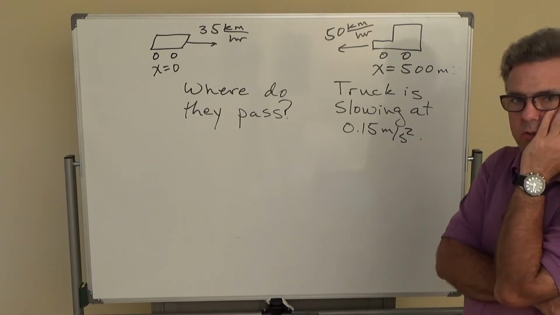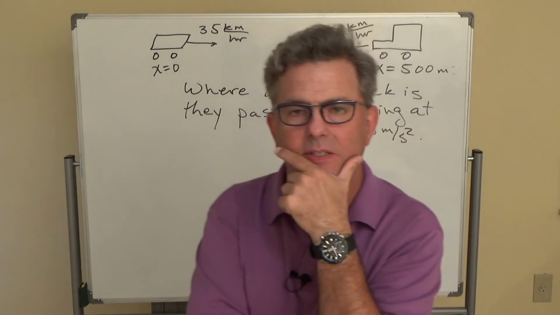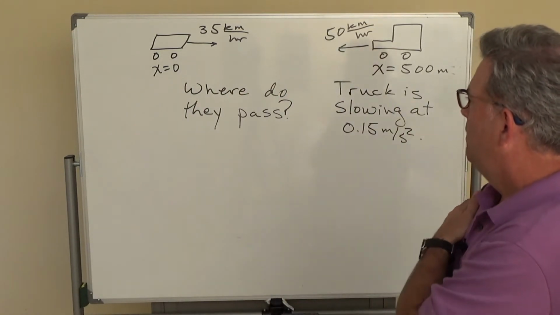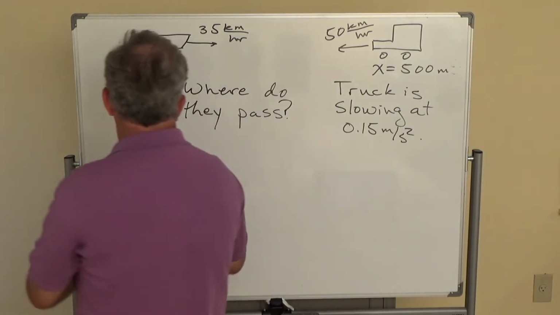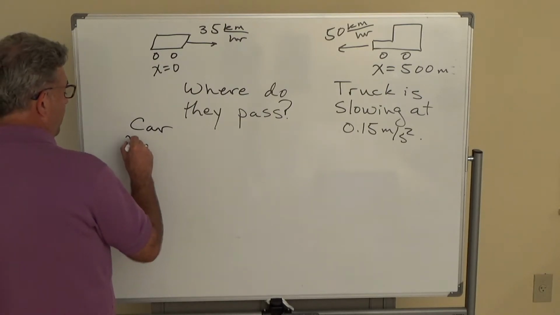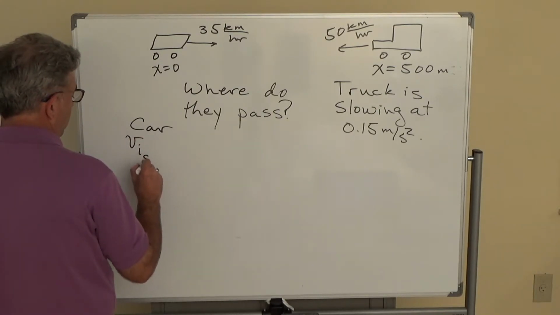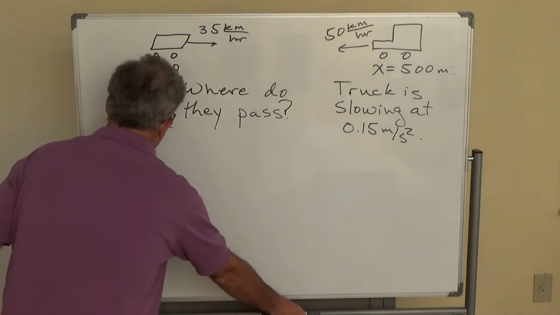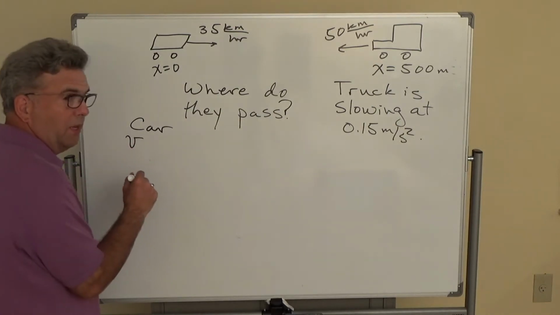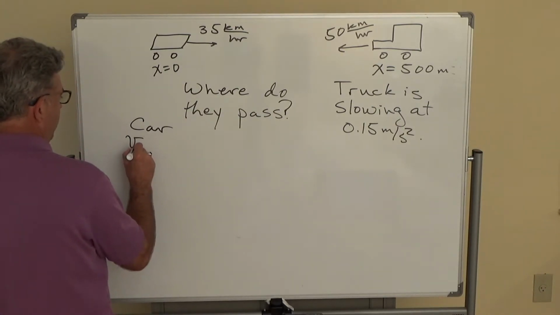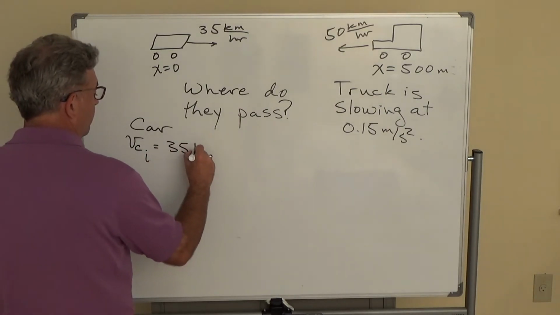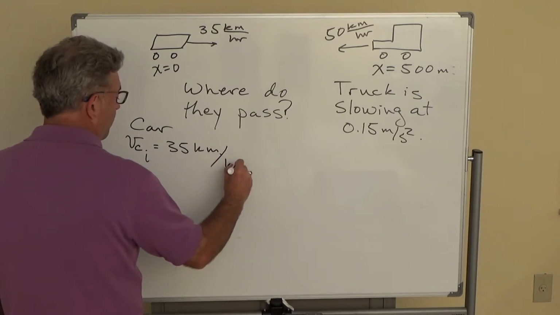All right. Let's talk about the direction of these vectors, the accelerations and the velocities and so forth. So for the car, V initial, let me make it some subscript so you can really get confused. Okay, so V car initial is equal to 35 kilometers per hour.